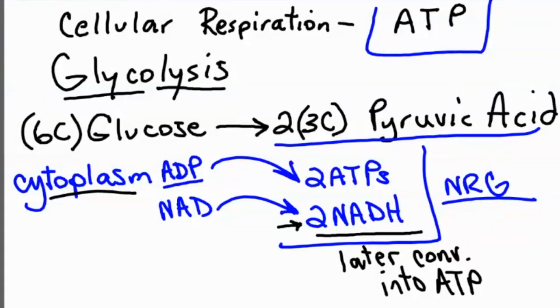Now, here's a really cool thing about this. This process can happen with or without. What's that molecule? Oxygen. Whether your cell has a good supply of oxygen or not, this one step can happen. Here's what this means.